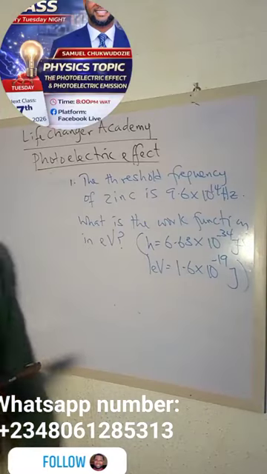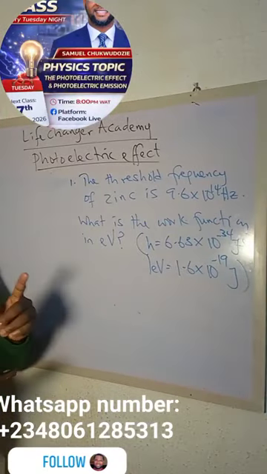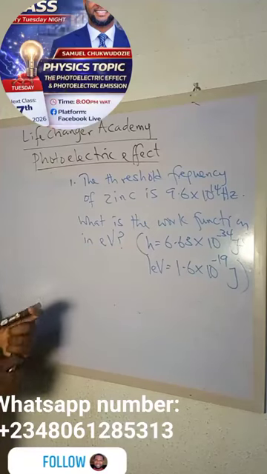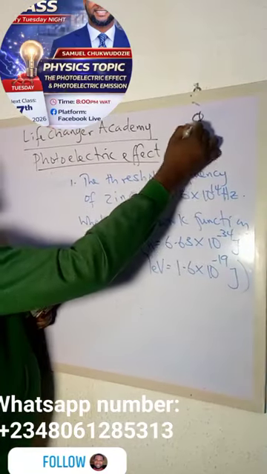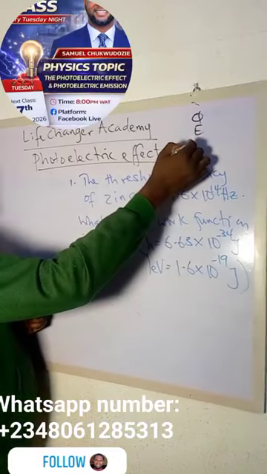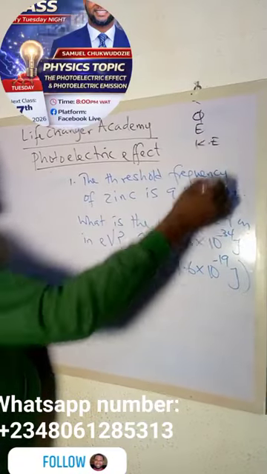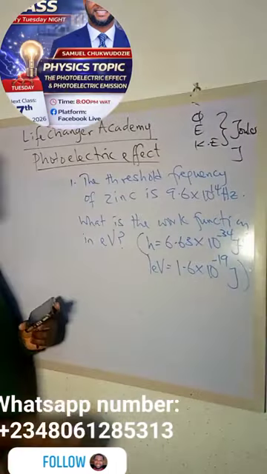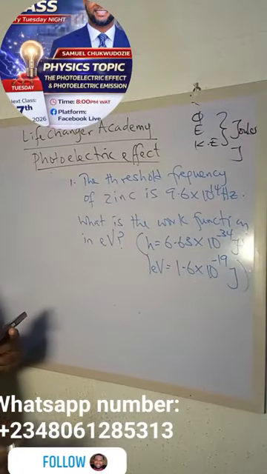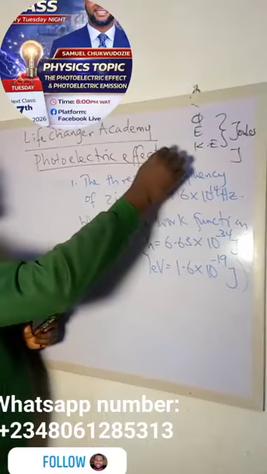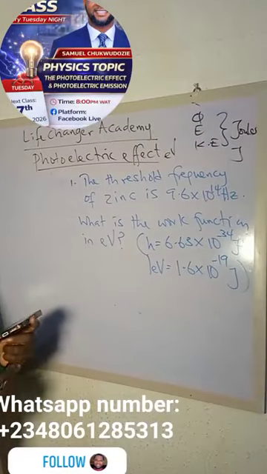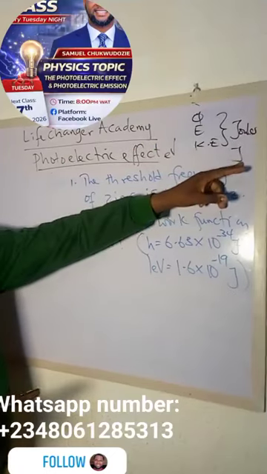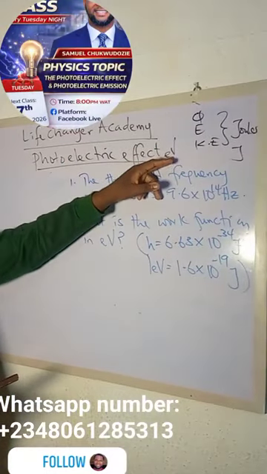Before I answer this question, I would like to say that work function, energy of incident light, and kinetic energy, their units are all in joules, capital J. But they can also be measured in electron volts. That is another unit. So the kinetic energy of electrons and work function can be measured in joules and also in electron volts.